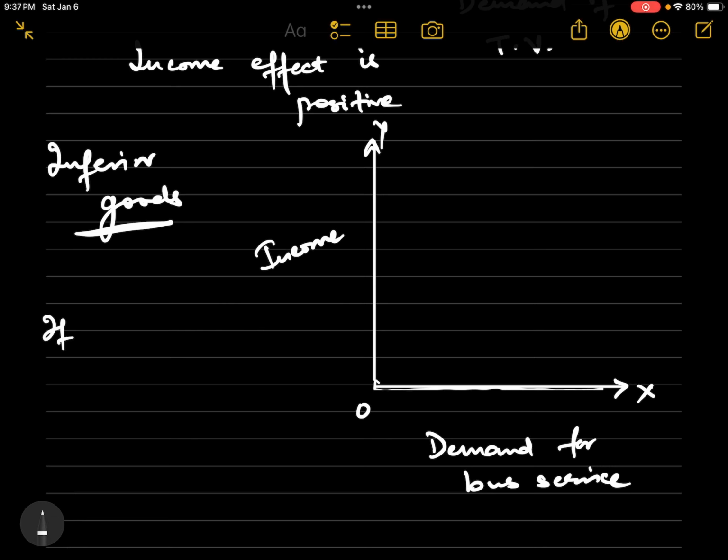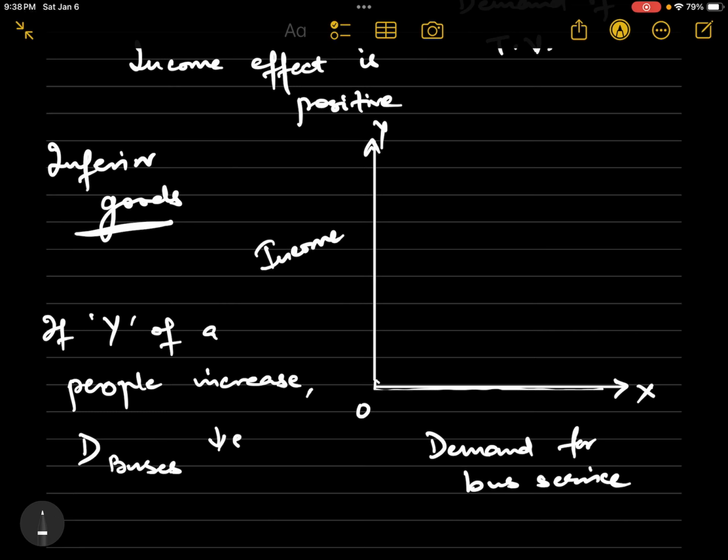If income of people goes high, will increase, probably demand for buses would decrease. So there is an inverse relationship between the two.